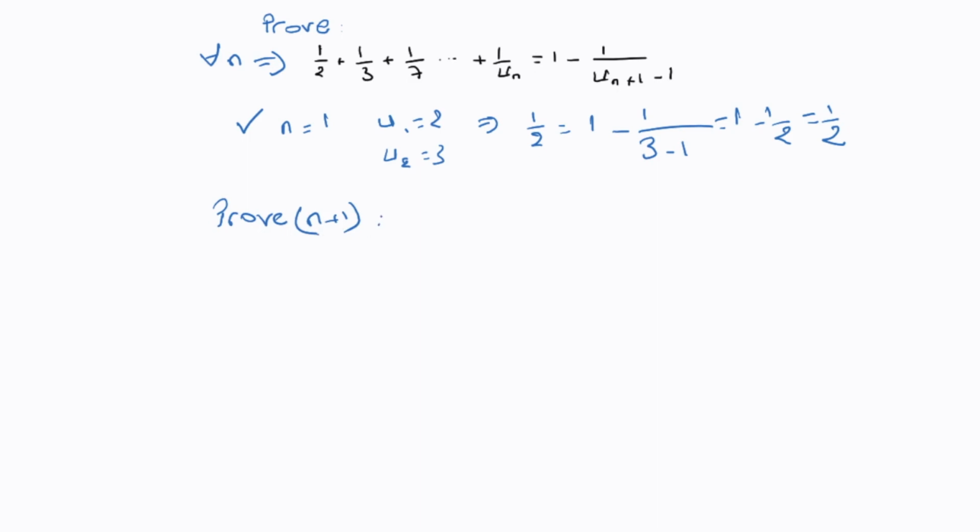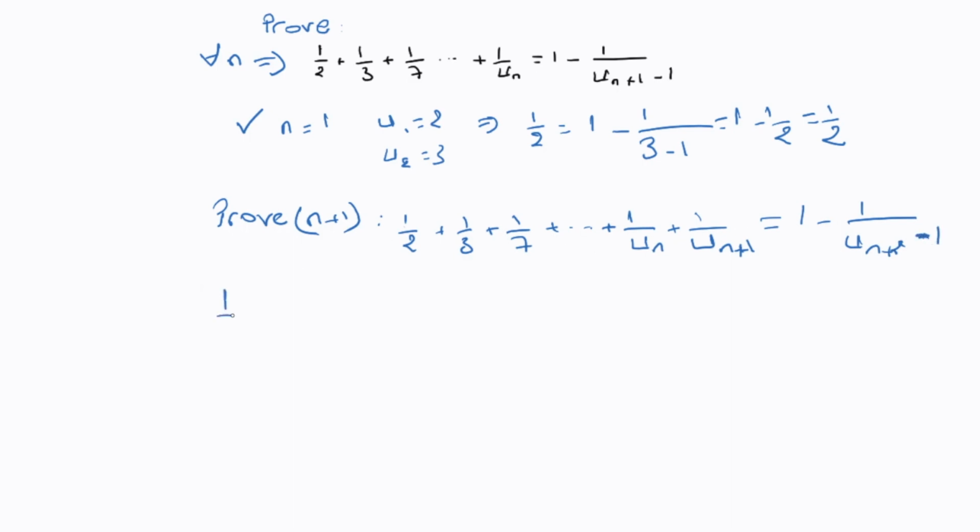So for the n plus 1, we have 1 divided by 2, plus 1 divided by 3, plus 1 divided by 7, plus 1 divided by UN, plus 1 divided by U(n plus 1). This one is equal to 1 minus 1 divided by U(n plus 2) minus 1. This is what we should demonstrate, right?